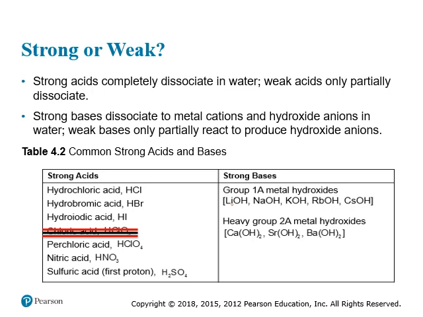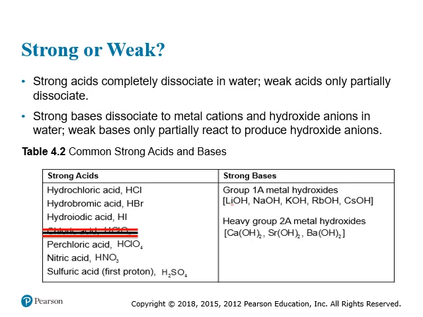Strong bases completely dissociate in water, producing a metal cation and a hydroxide anion, while weak bases will only partially react with water to produce hydroxide anions.